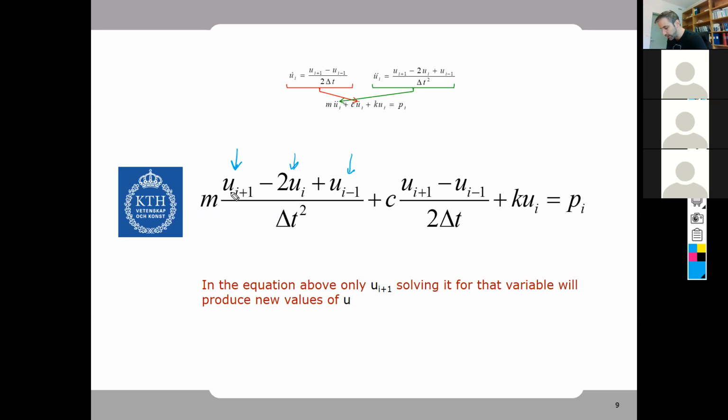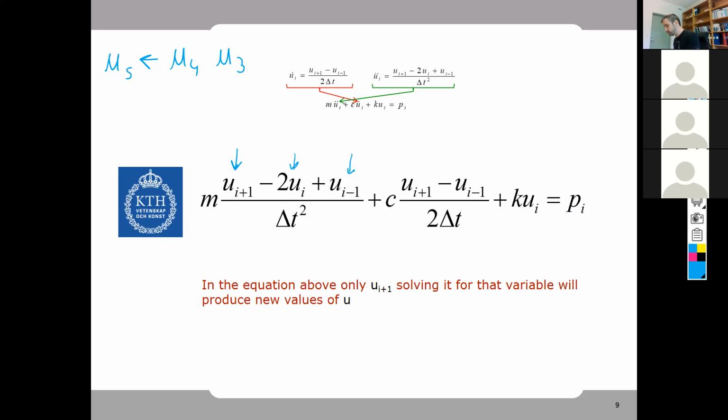So if we want to calculate U5, for example, we need to know U4 and U3, which is fine because we are calculating one at a time, so we have both values.